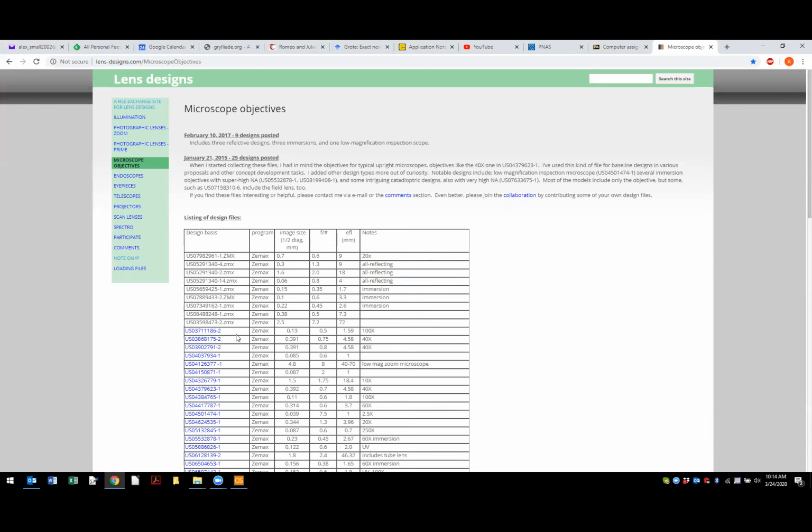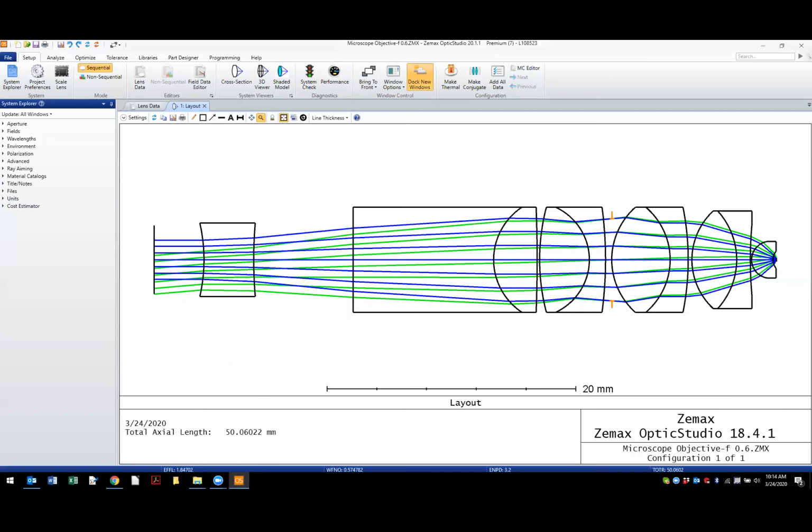I Googled some of these patent numbers, and I'm not necessarily finding them. So I can't vouch for who designed these originally. I can't promise that these are the most modern designs. What I can say is that I have tried to contact microscope manufacturers and say, hey, would you be willing to share a Zemax file with me for educational purposes?